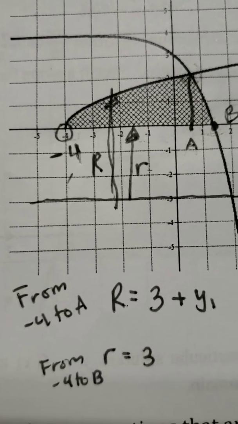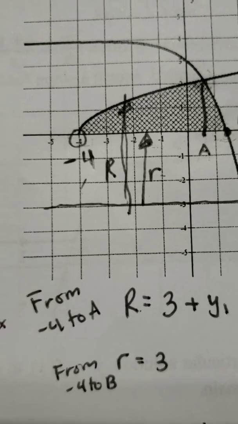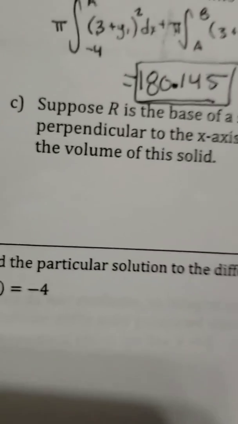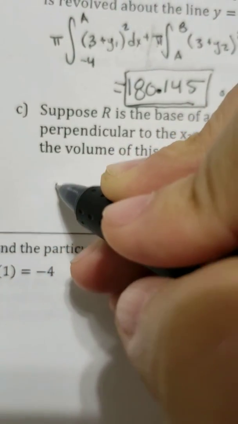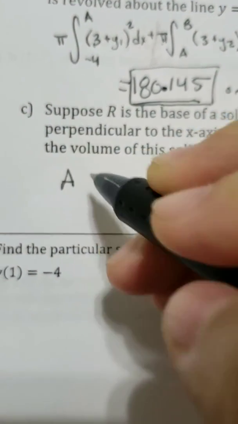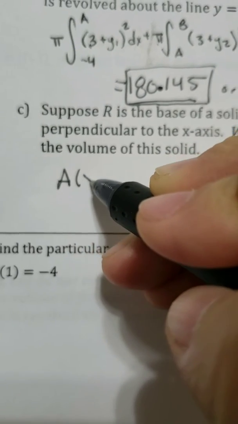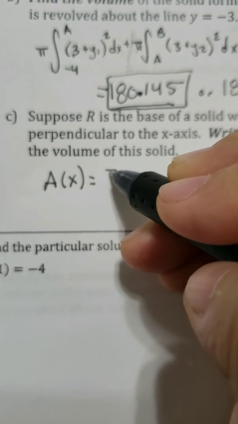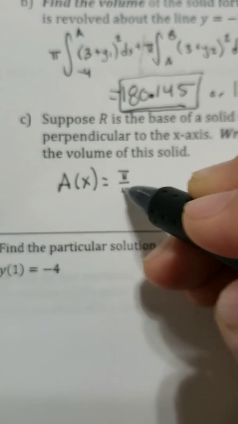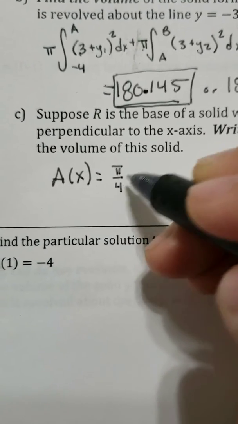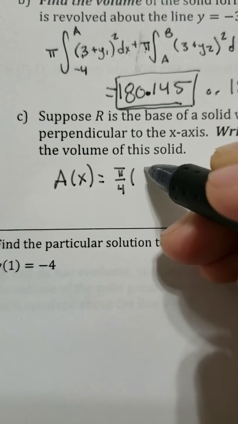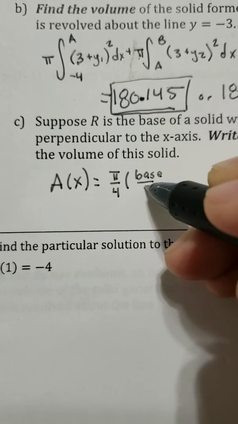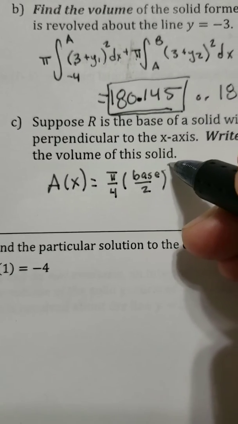So I need to find out what my area function will be, right? And since we're looking for quarter circles, the area of a quarter circle is going to equal pi divided by 4 of the base squared.